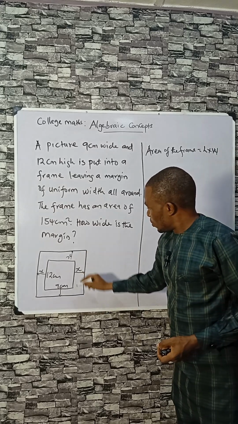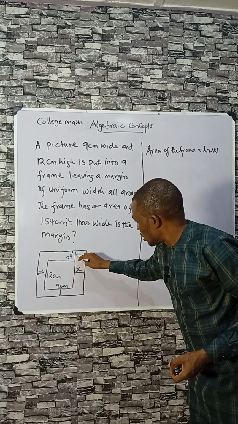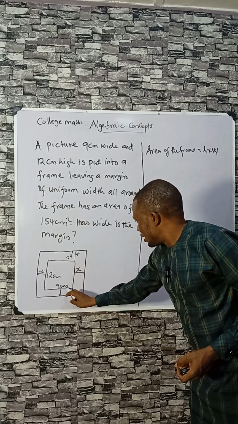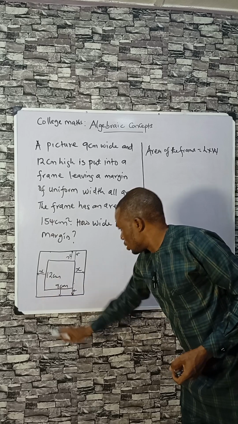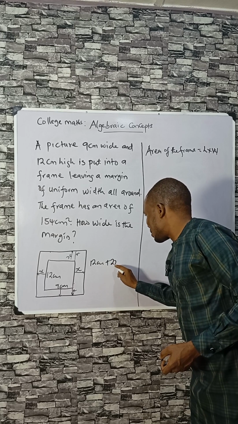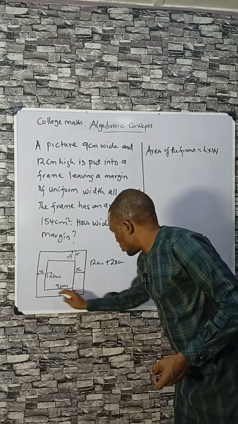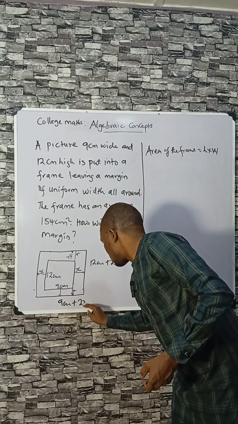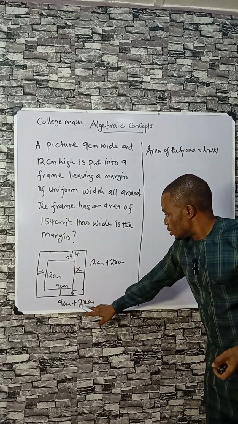So the length of this frame, if here to here is 12 centimeters and here to here is x, and we are told that it's uniform, so the length of this frame will be 12 cm plus x from here to here, and x from here to here, so the length will be 12 centimeters plus 2x centimeters. The width is the same thing, so that will be 9 centimeters plus 2x centimeters. So the length and the width of the frame are this and this respectively.